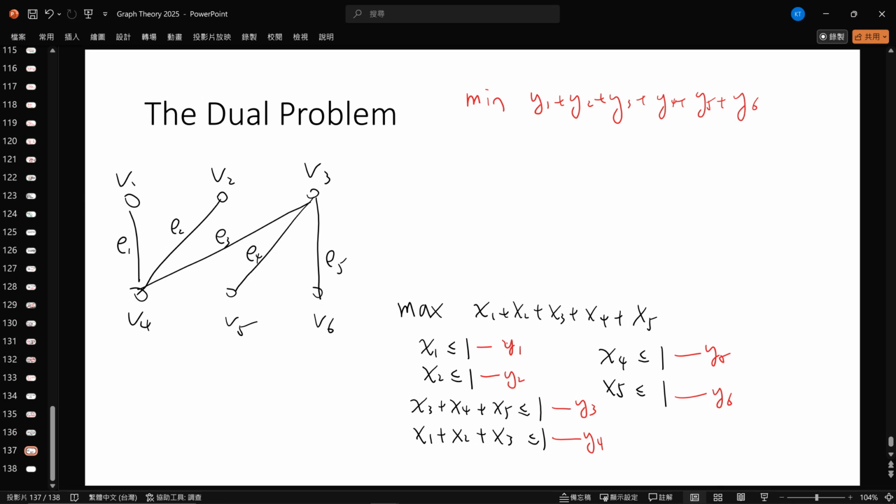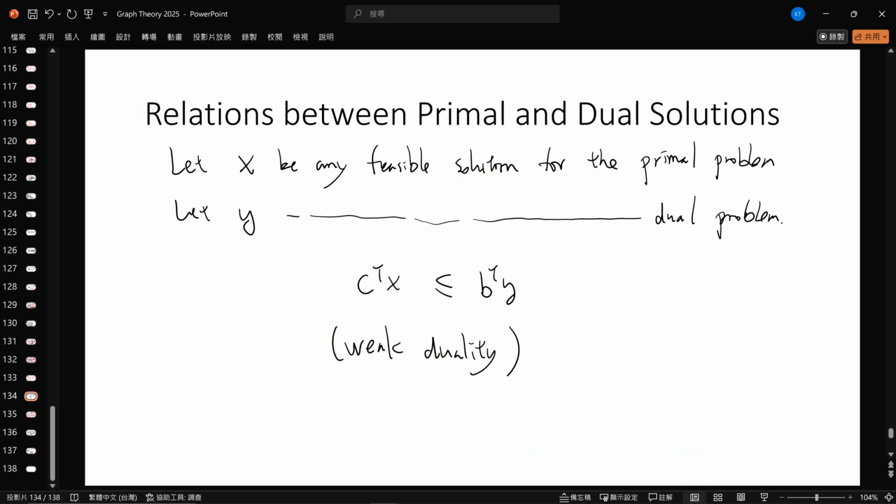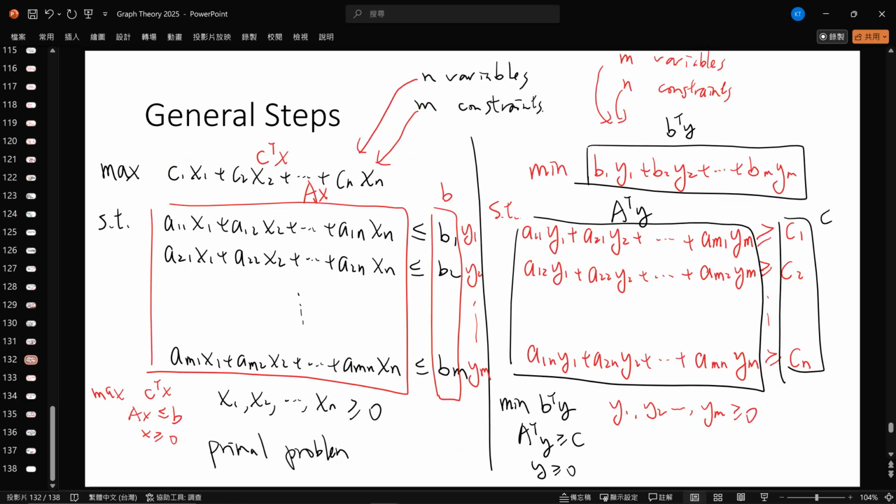And the third step is the constraints for the dual problem. We can first consider again the right-hand side. What is the right-hand side? The right-hand side is just the coefficient of x in the primal problem.